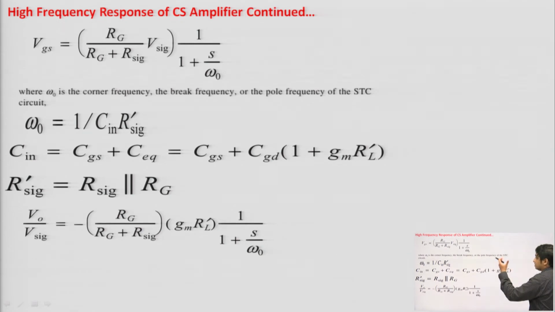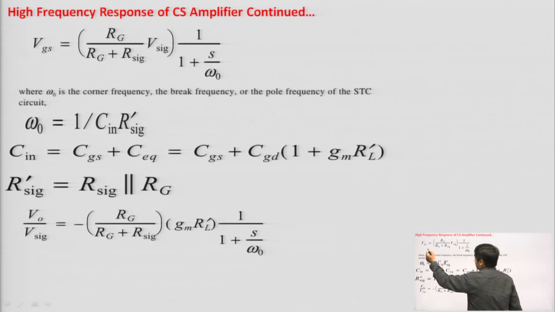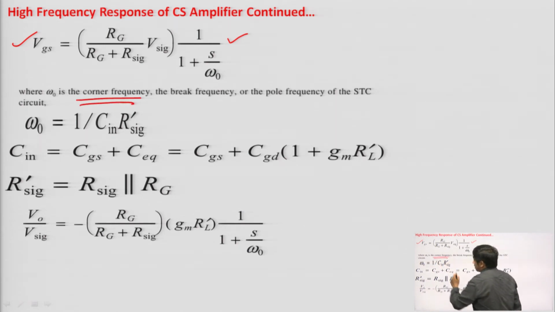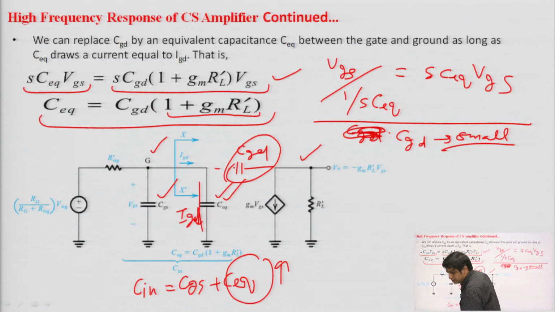Now, we can rearrange the terms and easily get VGS equal to Rg upon (Rg plus R sig) into V sig into 1 upon (1 plus S upon omega naught), where omega naught is the corner frequency. You can get this equation very easily, just refer to this diagram.